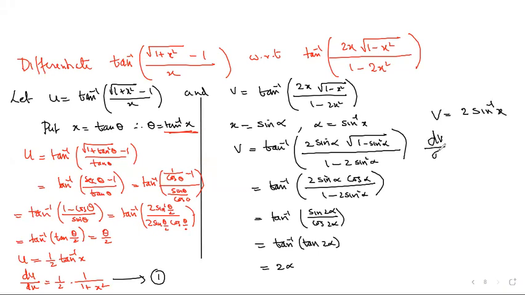So dv by dx is 2 upon root 1 minus x square. So we want to find du by dv.